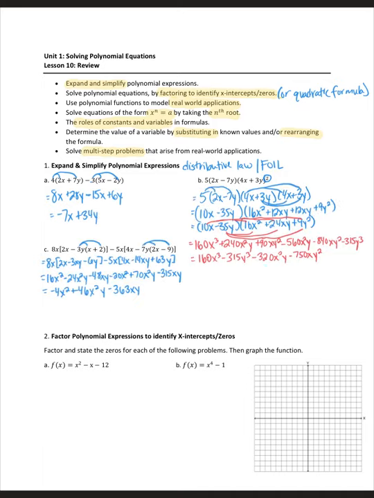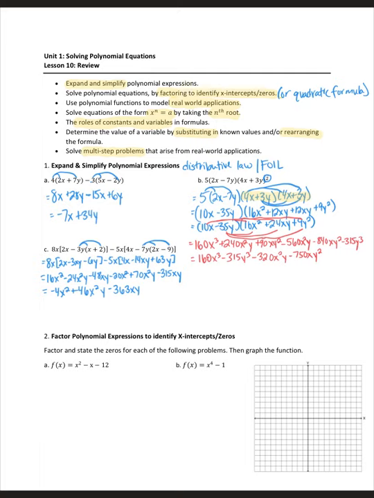So there are the solutions for the next two. We made sure to distribute that number outside the brackets for B, inside the first brackets, and then we foiled these binomials, and then we continued to expand and simplify from there.